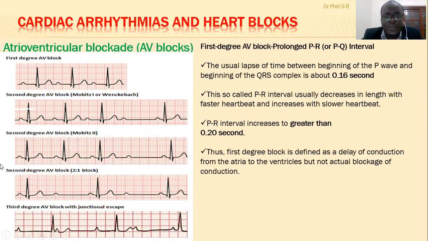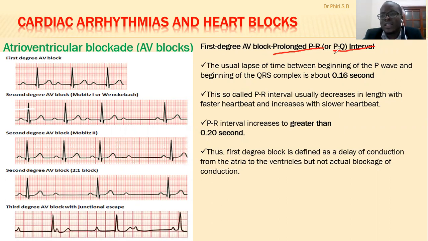Okay, let me get my pen so that I'm able to explain from the diagram. Let's start with the first degree AV block. The first degree AV block is also called prolonged PR or PQ interval.